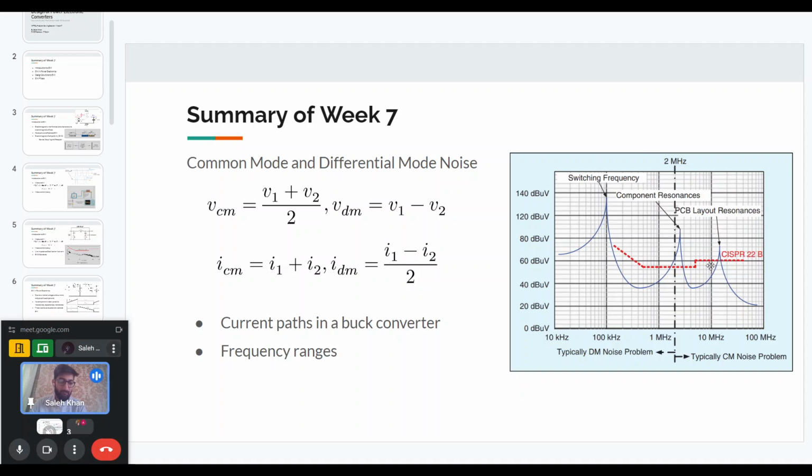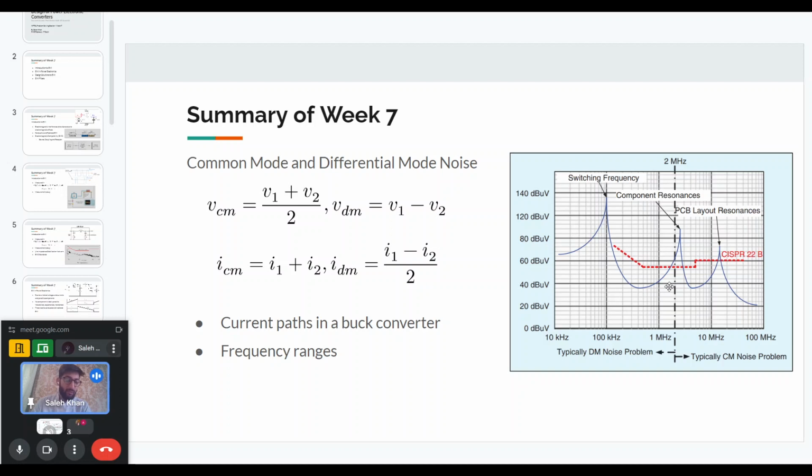And lastly, the PCB will also have some parasitic inductances and capacitances, which will be very small. If the parasitics are lower, then you will go to higher frequencies, because, for example, a resonant angular frequency would be 1 by the square root of LC, where L and C are the parasitic inductance and capacitance.